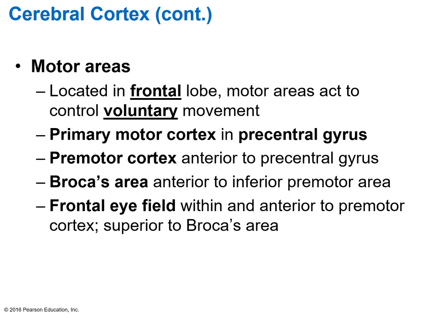Now this goes into a little bit more detail here, but know that the motor area is in the frontal lobe. The primary motor cortex is in this prefrontal area, the very, very front.